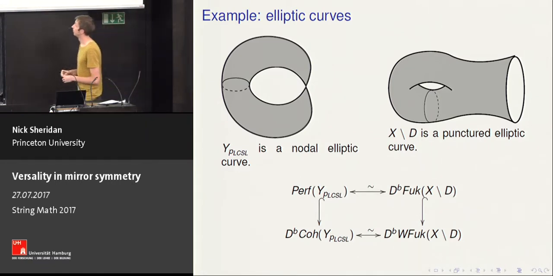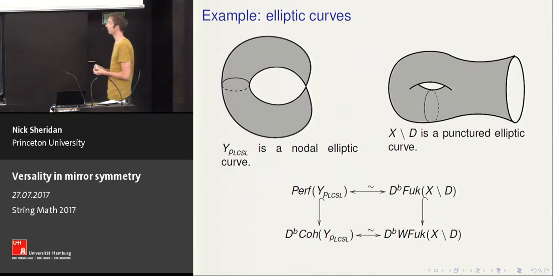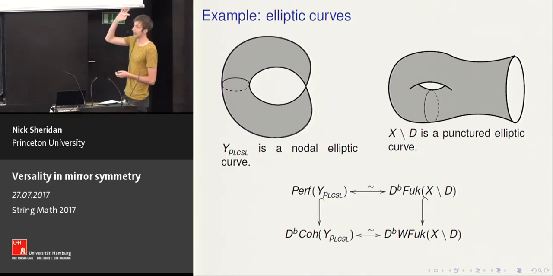For example, for elliptic curves, an example of a large complex structure limit elliptic curve is a nodal elliptic curve. For example, it can have just one node. And the mirror large volume limit is the elliptic curve with the divisor, which was just a point in this case, removed.